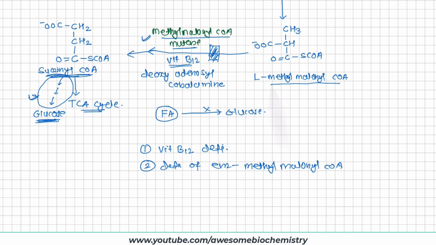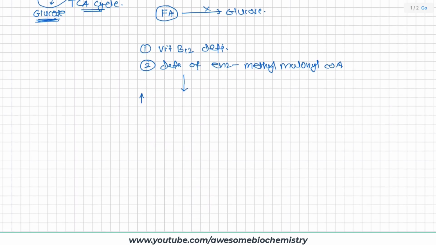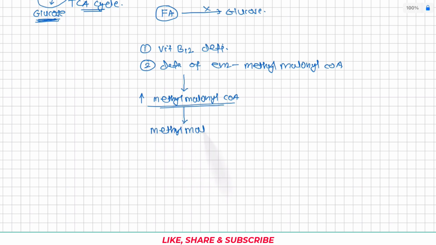So obviously there is an increased concentration of methylmalonyl coenzyme A. So both conditions have the same effect, and that is increased concentration of methylmalonyl coenzyme A. And when this methylmalonyl coenzyme A is accumulated, it spontaneously gets converted to methylmalonic acid. There is a removal of the coenzyme A with its SH group, right? So obviously if methylmalonyl coenzyme A is accumulated, there will be an increased amount of methylmalonic acid.